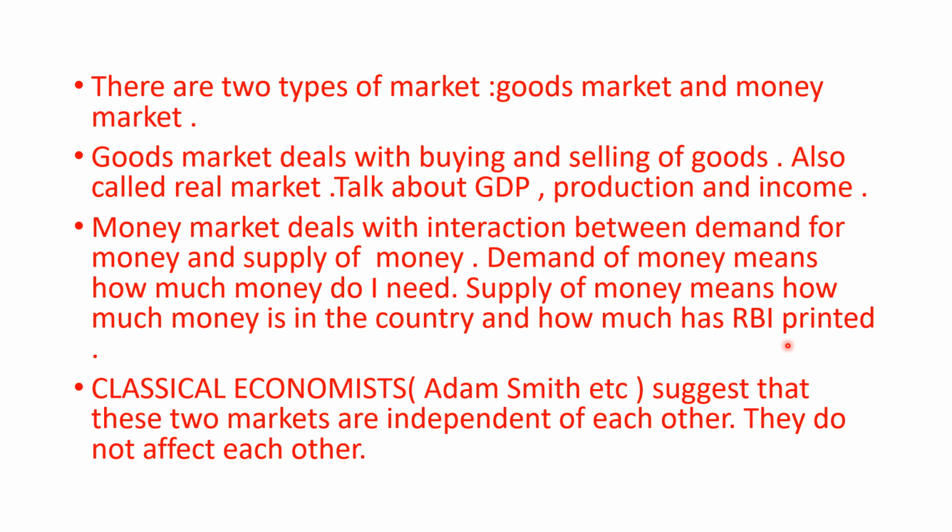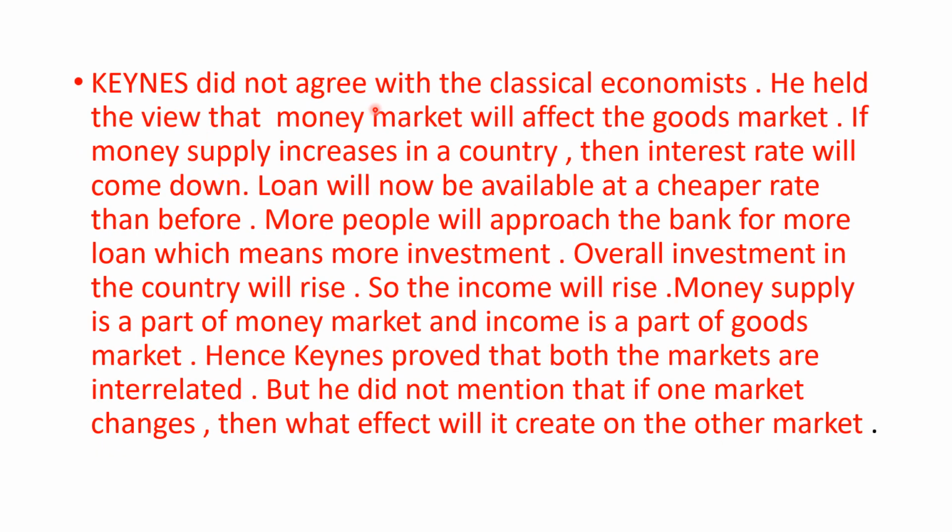The classical economists, Adam Smith and others, suggested that these two markets, the goods market and the money market, are independent of each other. They are not related to each other and they do not affect each other. Then came Keynes. Keynes did not agree with the view of classical economists. He said that the money market will definitely affect your goods market. If money supply increases in a country, the interest rate will come down.